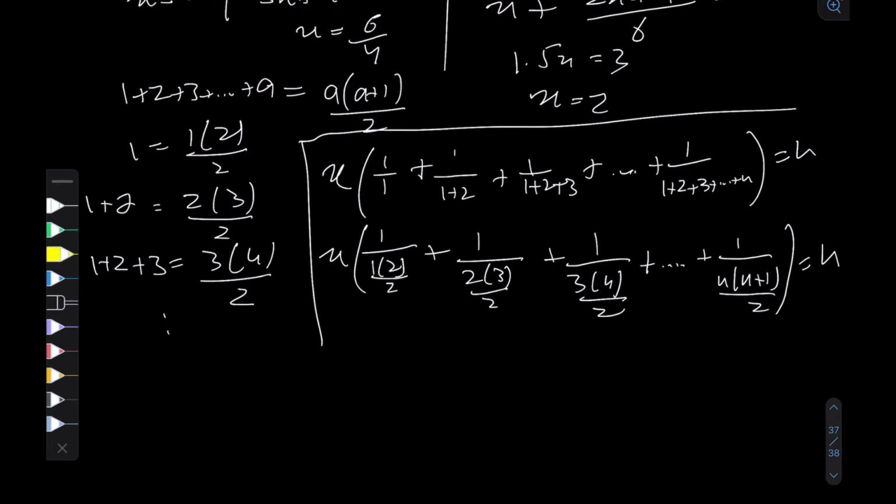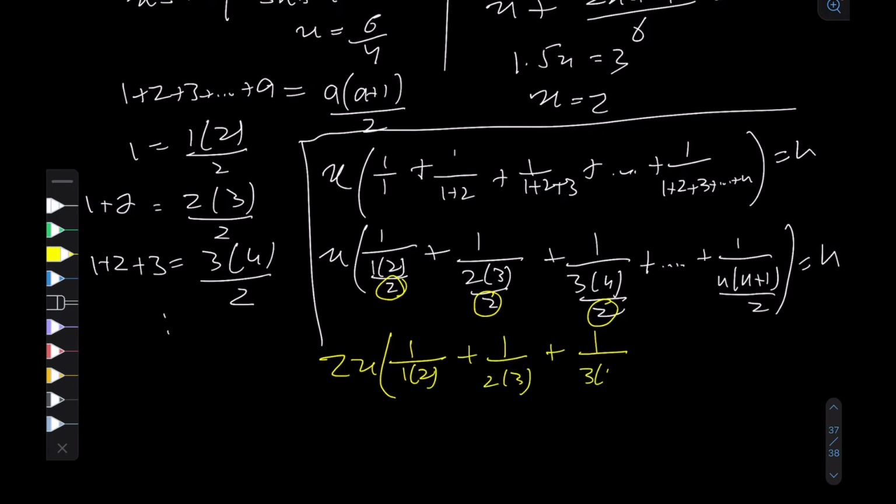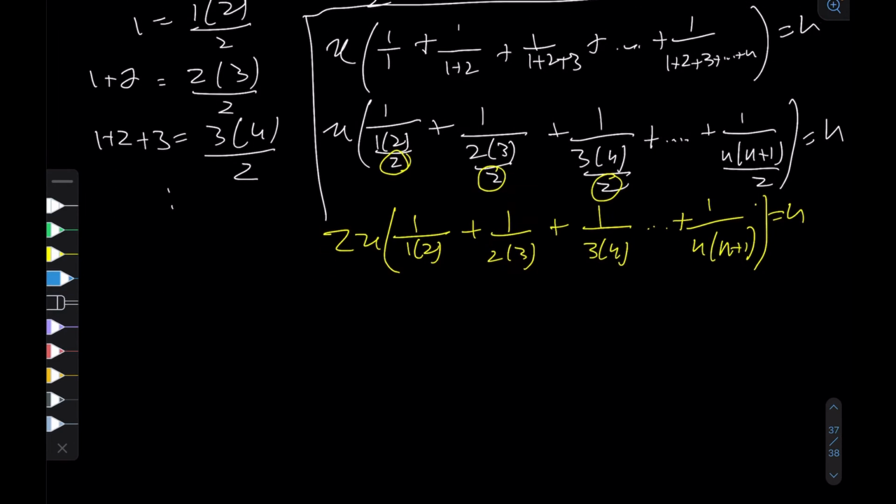For convenience, we can further simplify by taking all these 2's common. So 2x multiplied with 1 over 1 multiplied with 2 plus 1 over 2 multiplied with 3 plus 1 over 3 multiplied with 4, and you continue on to 1 over n multiplied with n plus 1, and of course this should equal n.